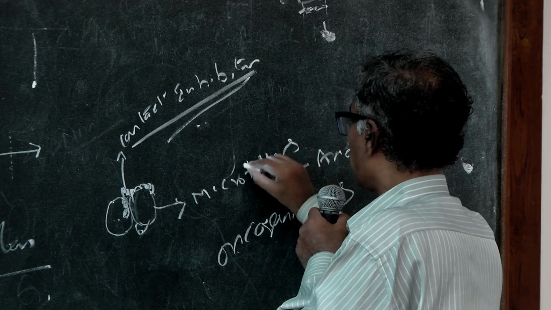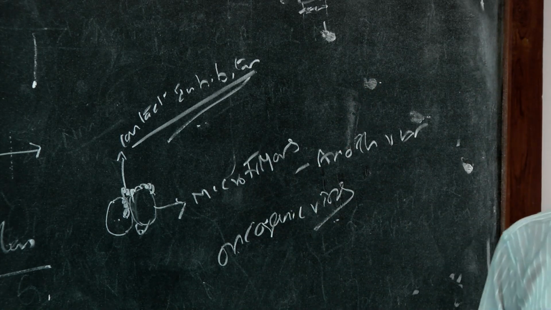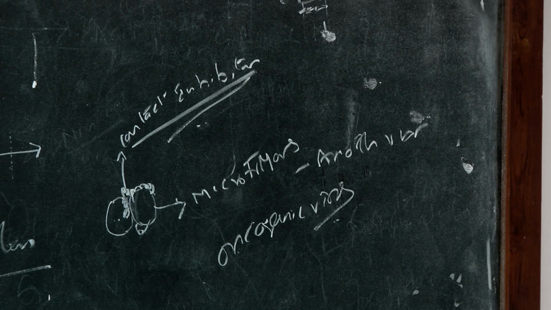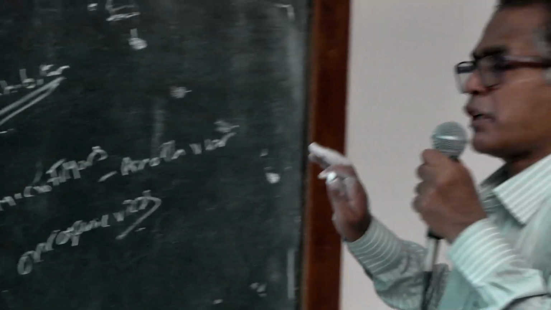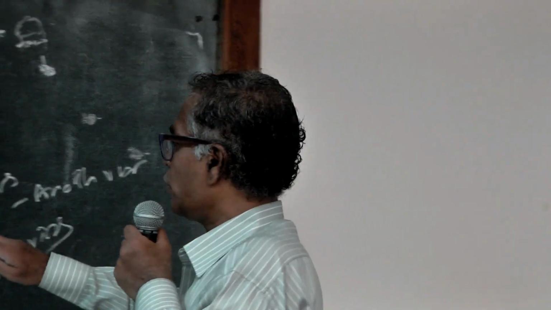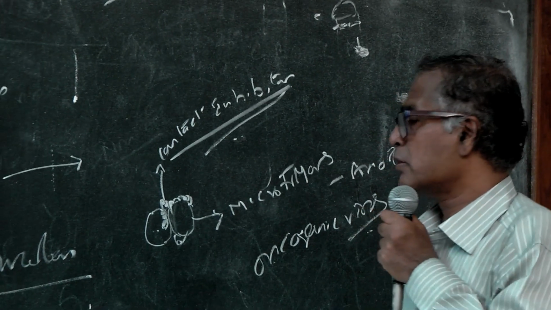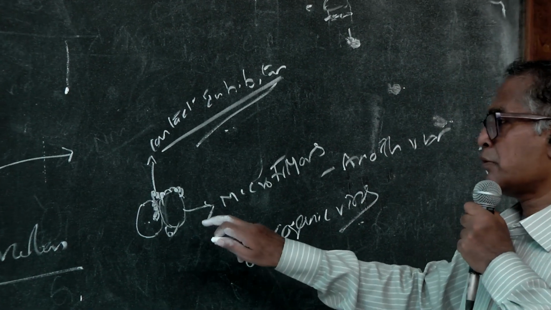Demonstration of microtumors indicates that there is transformation in the nature of the cells. Normally cells exhibit contact inhibition. If there is growth of oncogenic viruses in the viral medium, which inhibits contact inhibition and transforms the cells, they produce microtumors. By this we can demonstrate whether the sample contains any oncogenic viruses or not.